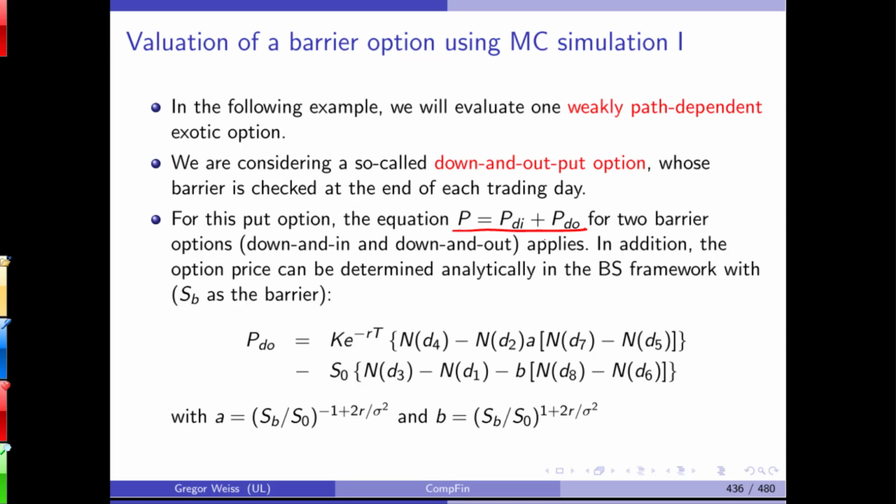And again, we have a Black-Scholes price. If SB is the barrier at which the option is knocked out if the underlying price crosses the barrier to the below, the price of the down-and-out put in the Black-Scholes model is given by this here.